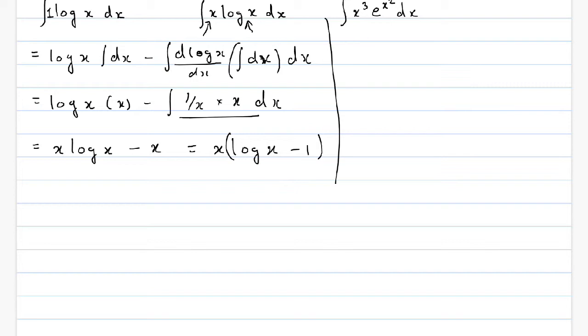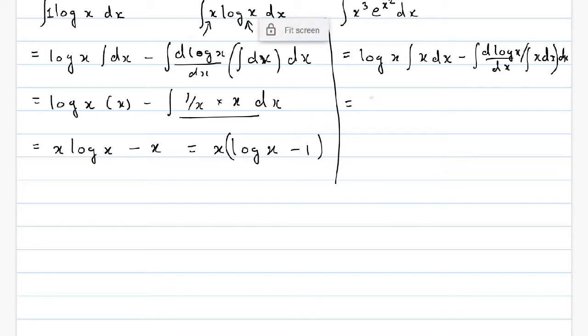So here again log should always be u, so we'll get u times integration of v, minus integration of differentiation of u, and then integration of v, another dx.